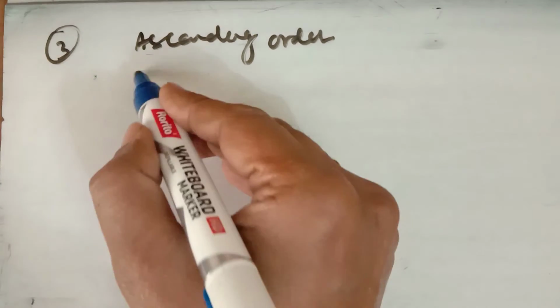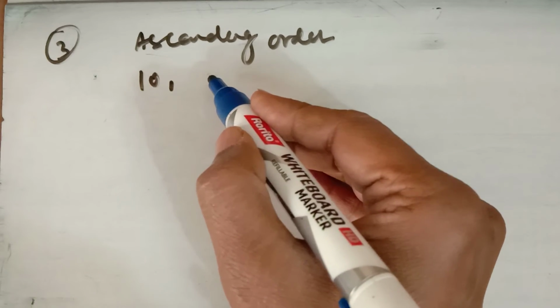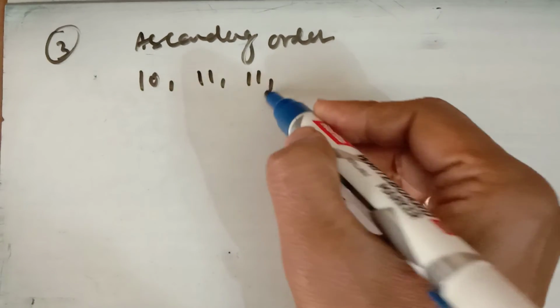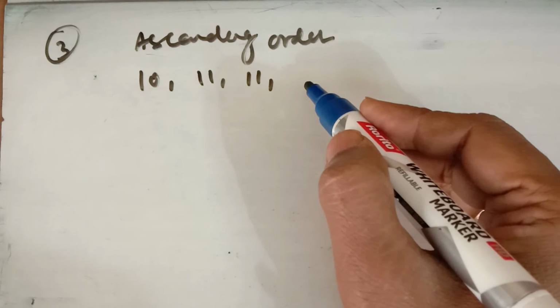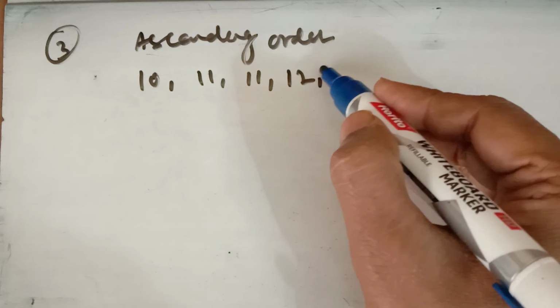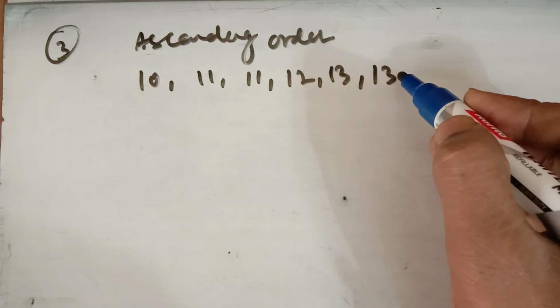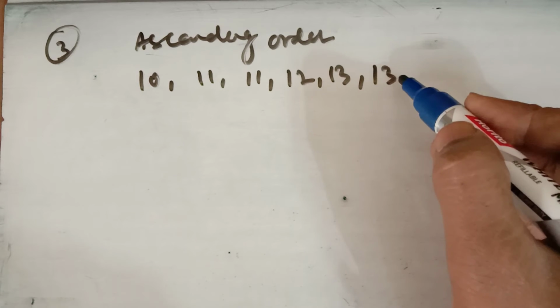So it is 10. Then we have 11. How many times? See it in your book. 11, 11. Then we have 12. Then we have 13. How many times we have 13? 1, 2, 13 we have 2 times.